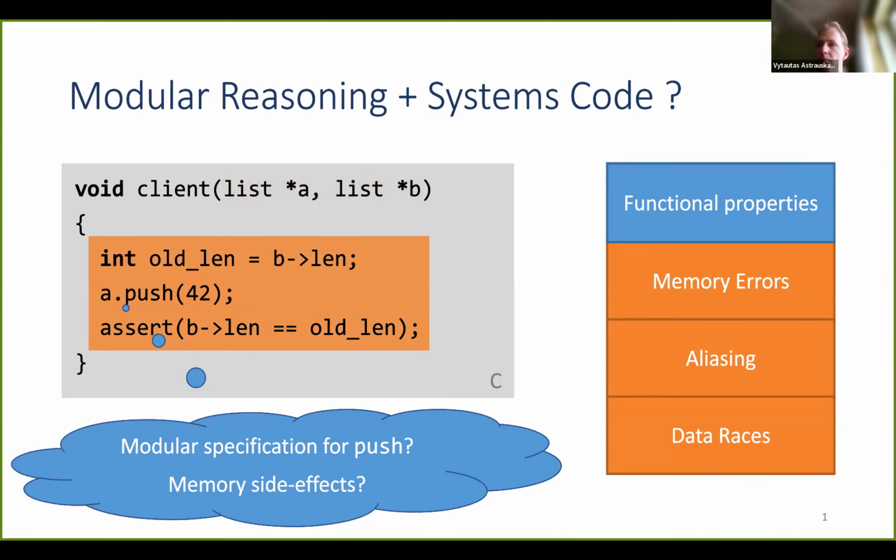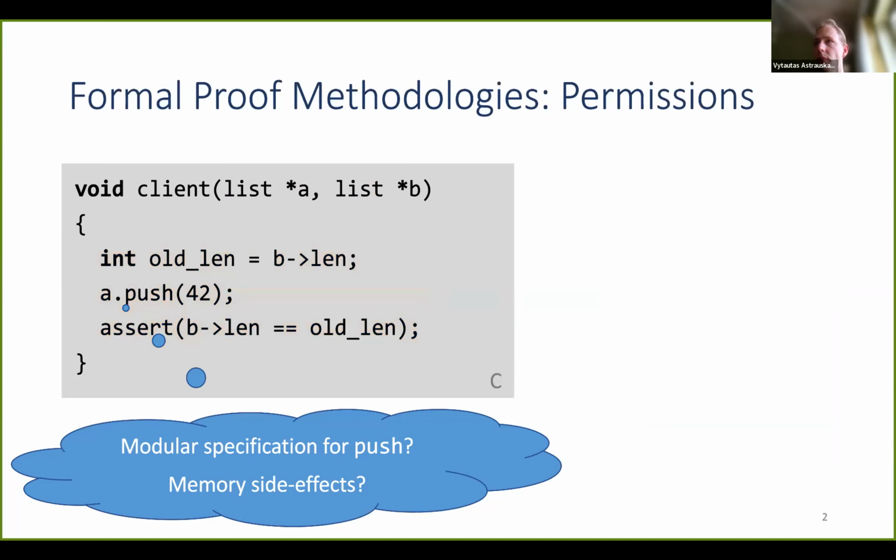And we would like to do that modularly. So the question is, how can we give modular specification to the functionality of push and functionality of client? One of the most prevalent ways of doing this is using a permission-based methodology.